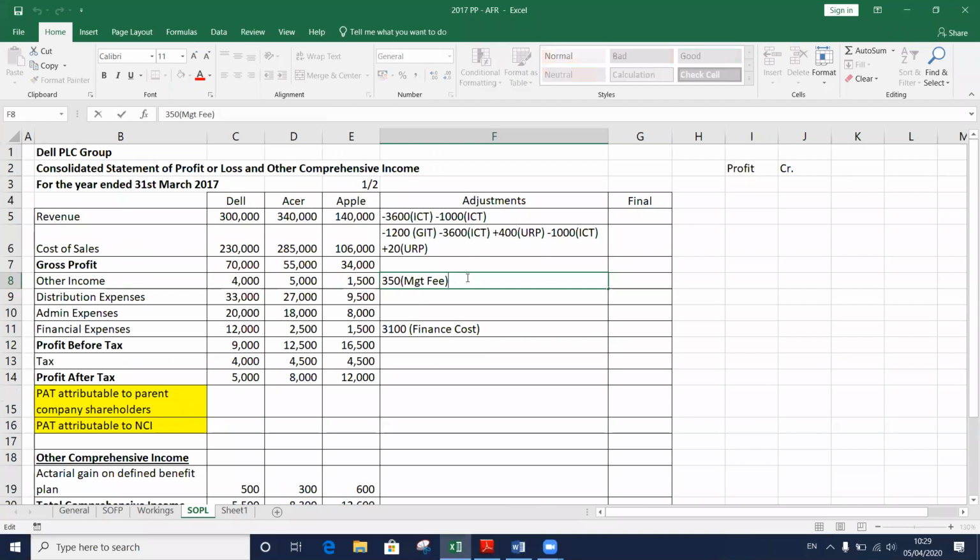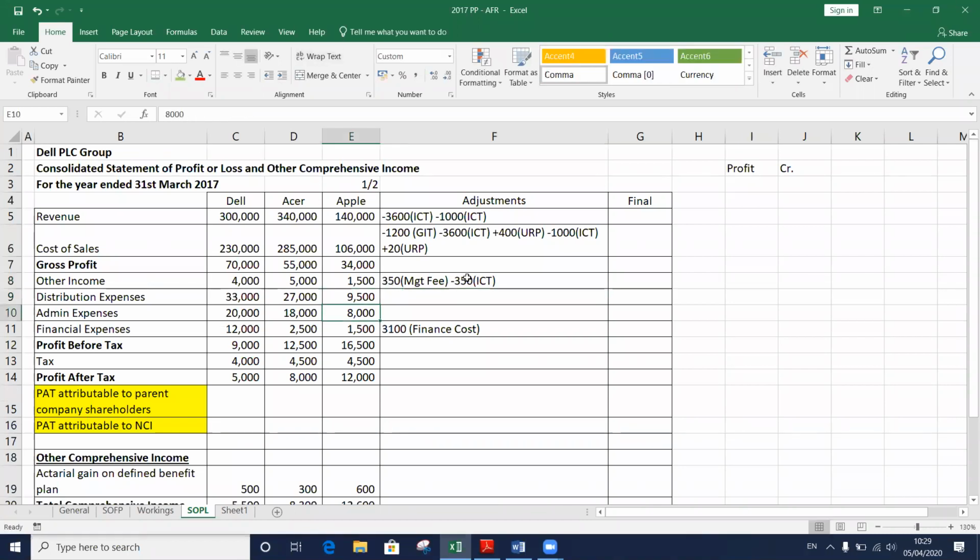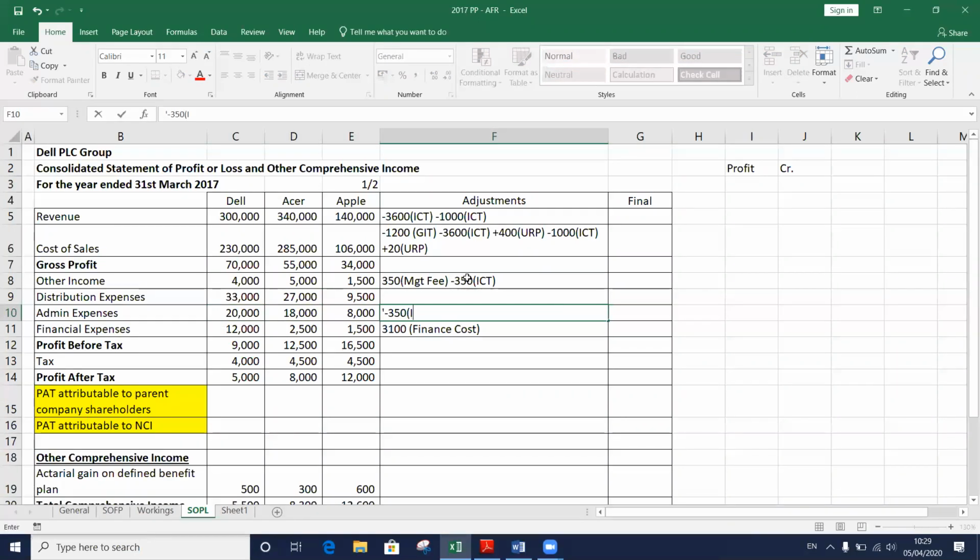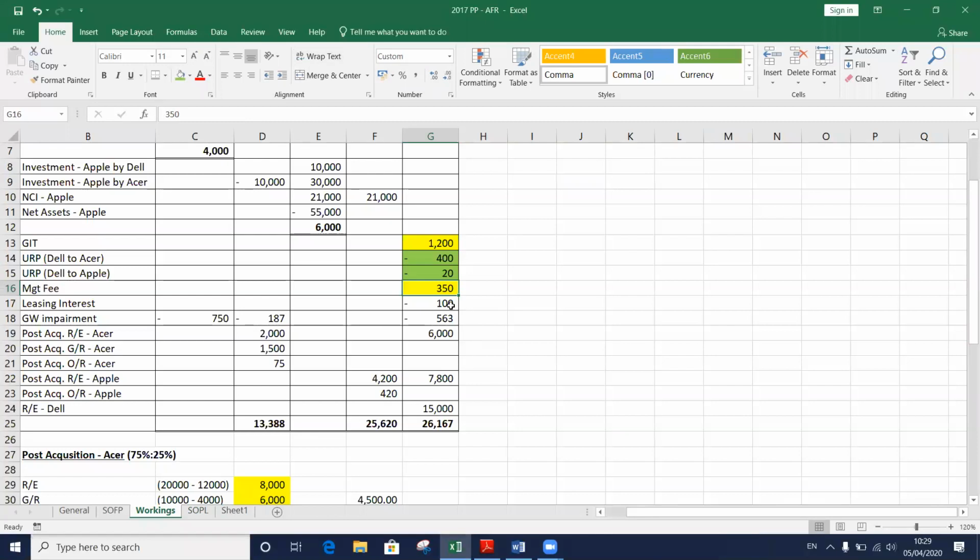Intercompany transaction, මෙතනිනුත් 350ක් eliminate වෙන්න ඕන other income වලින්. Apart from that as a PLC, මේක admin expenses ඇතුළට දාගෙන ඇත්තේ, එතනිනුත් අයින් වෙන්න ඕන 350 because this is an intercompany transaction. Right.